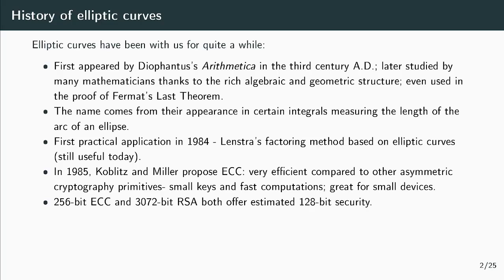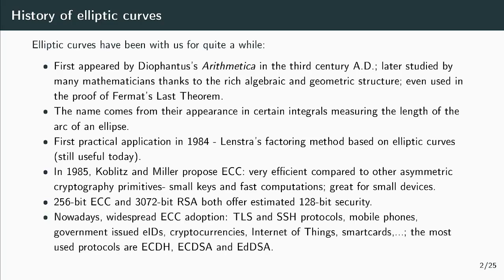More concretely, if you take 256-bit ECC and 3072-bit RSA, they are estimated to both offer 128-bit security. So you can see quite big savings with ECC compared to RSA. And nowadays, ECC is almost everywhere.